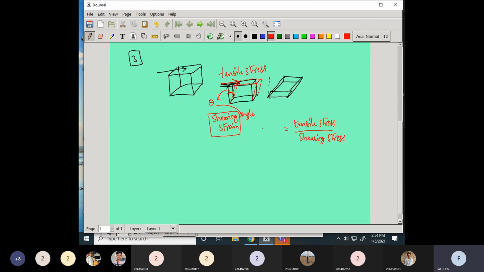Now here this modulus is known as rigidity modulus. Consider the symbol as eta.